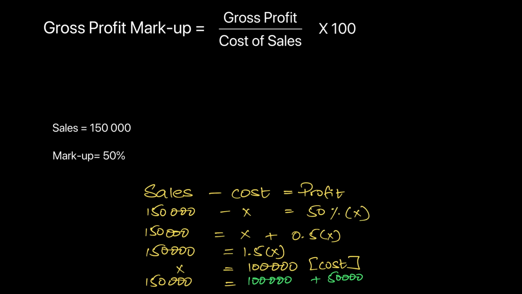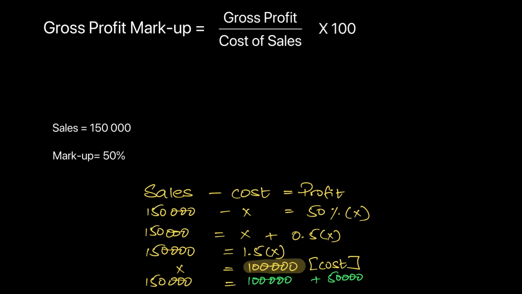So I can rearrange this equation and say 150,000 is X plus 0.5X. That gives me 1.5X to be 150,000. And we can now find the cost to be 100,000. So if I break this up, 150,000 is 100,000 as the cost, and 50% of that is your profit, which becomes 50,000.